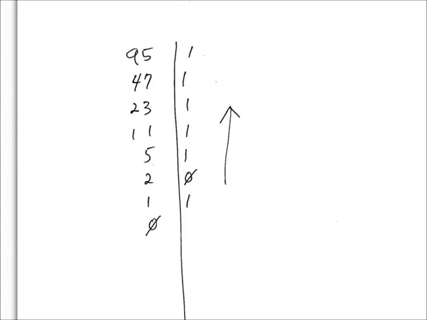How about 95? If you do 95, again, you keep dividing this number by 2 until you hit 0, and then you collect all the remainders this way. If you divide 95 by 2, the quotient will be 47 and the remainder will be 1.